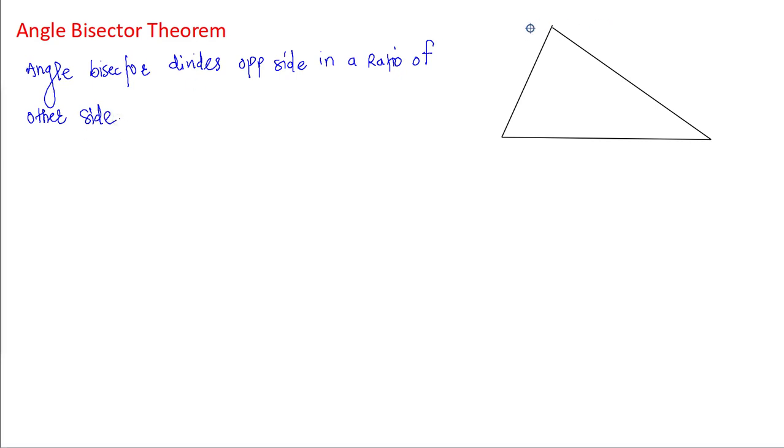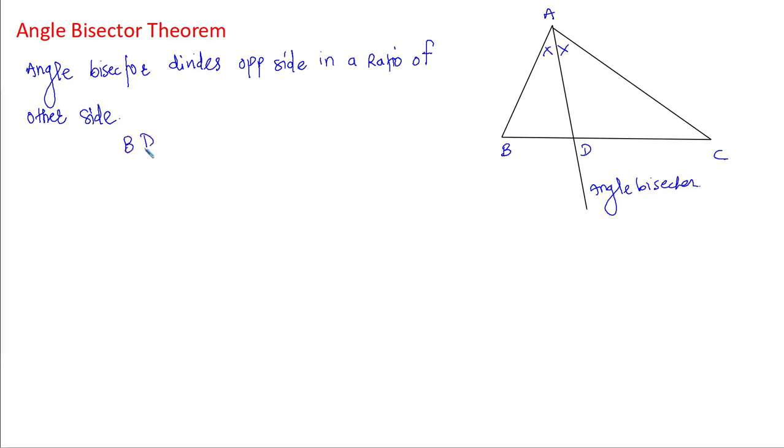Let's say this is triangle ABC, and AD is an angle bisector. So over here the theorem is: the angle bisector divides the opposite side in a ratio of the other two sides. How does it divide the opposite side?